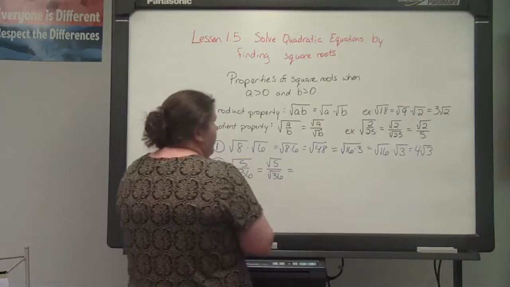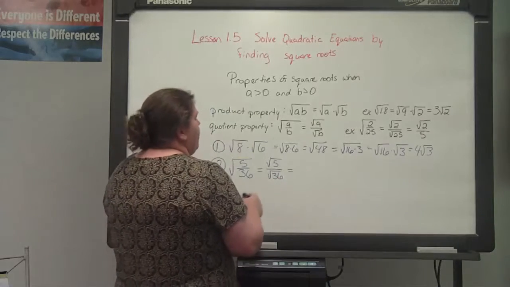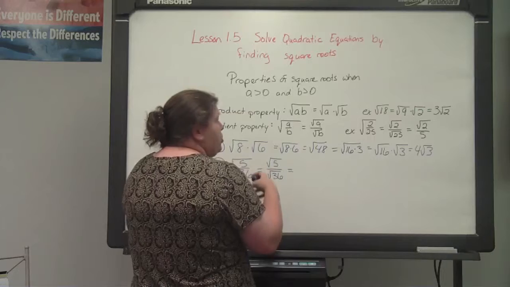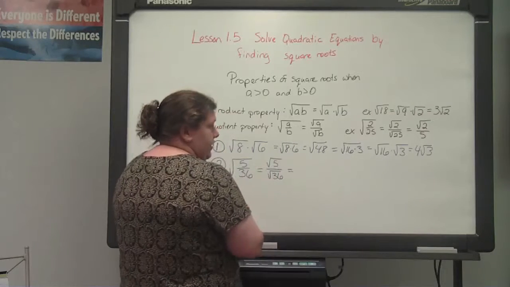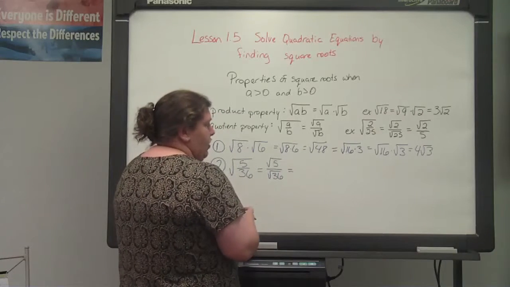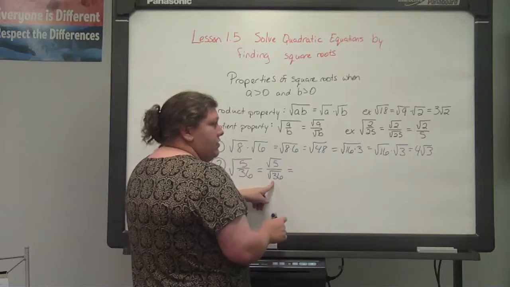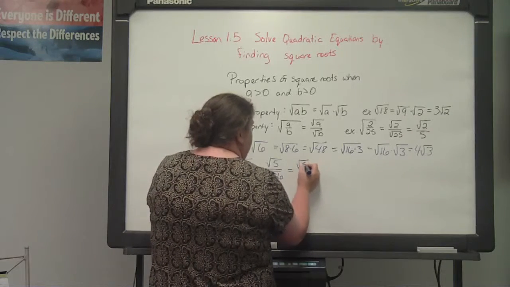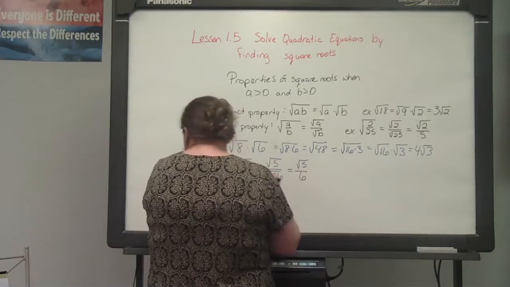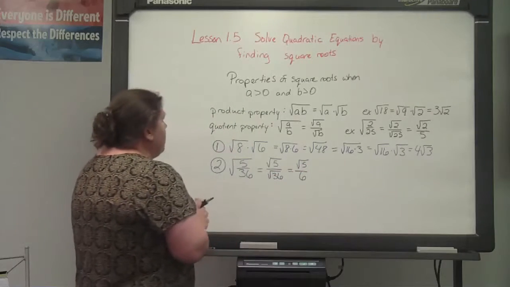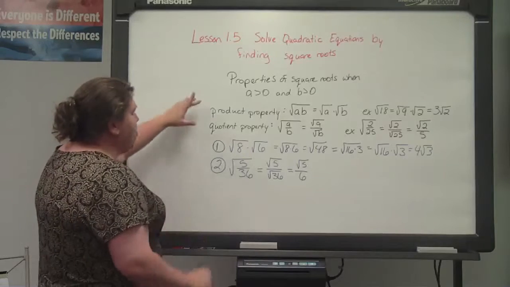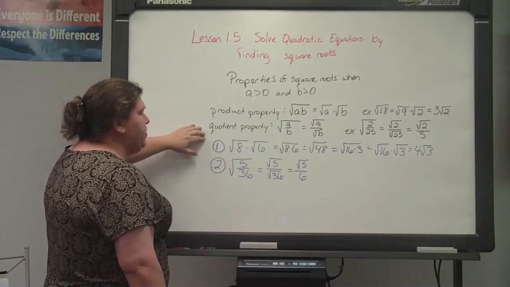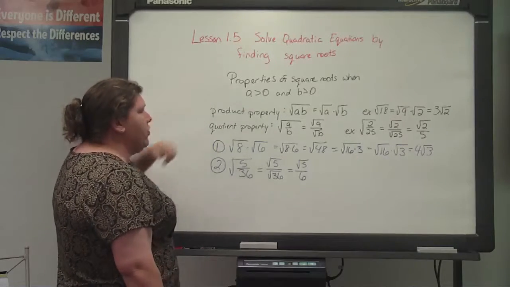So the first thing I want to do is see if there is a perfect square within 36. There is a perfect square, and it is 6. So we can go ahead and rewrite this as square root of 5 over 6. And there are two more examples of the product property and the quotient property of square roots.